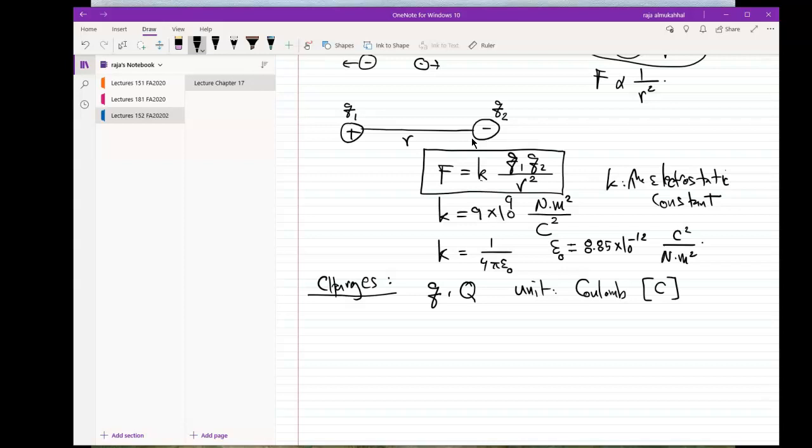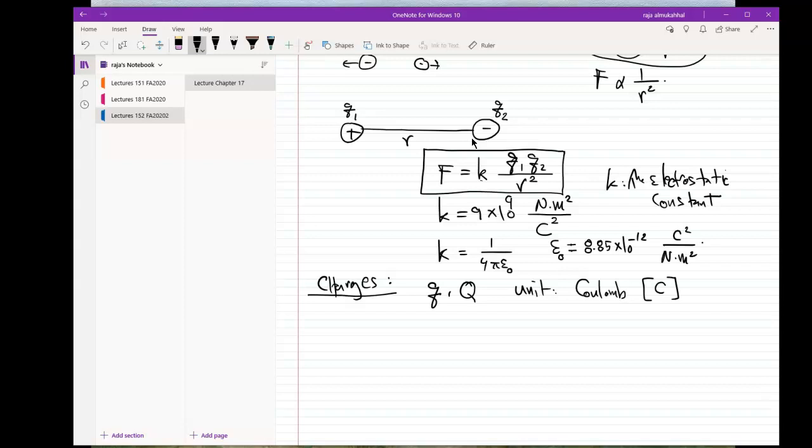Think of it like I'm trying to measure your height in miles. I could do it, but the mile is too large of a unit for your height. It would be more fitting to use feet or inches, or centimeters and meters. But mile is just too big. And that's the same thing for the Coulomb. The Coulomb is a very, very large unit when it comes to charges.